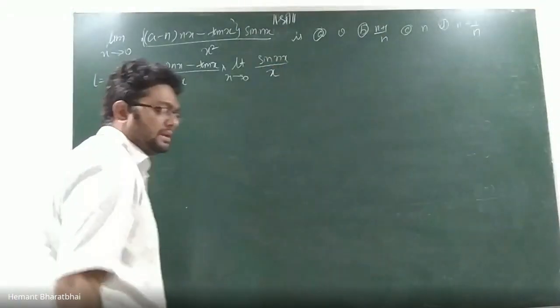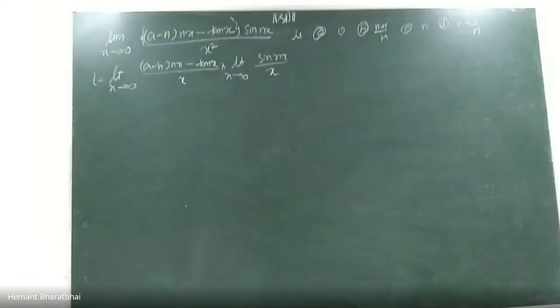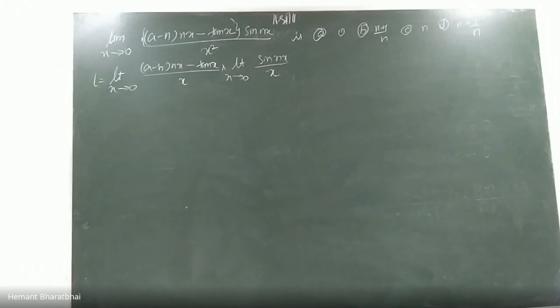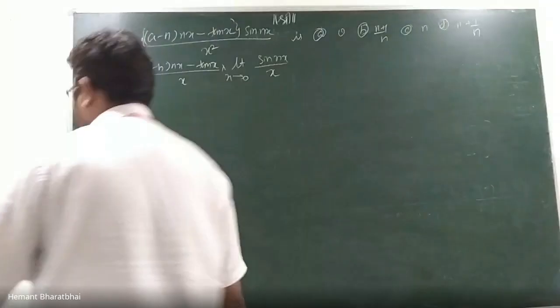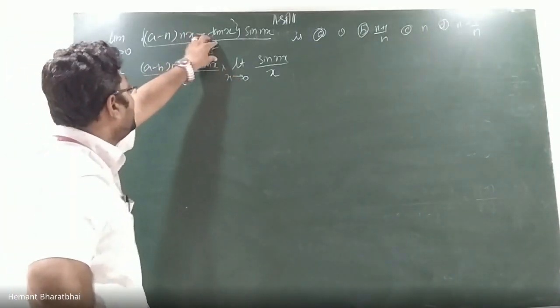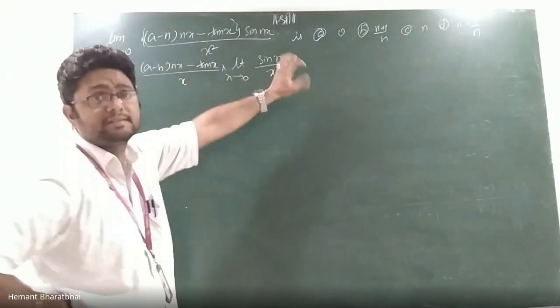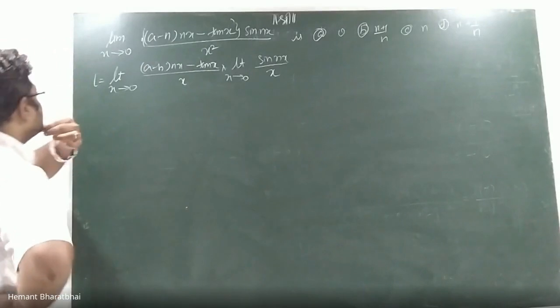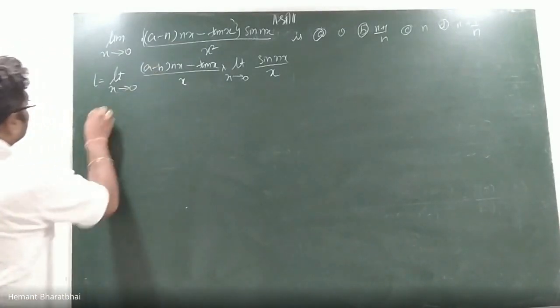So it is x square, it is a multiplication only, and we know we can separate the limits in multiplications, and x square is separated as x into x. So now I'll give x here separately.